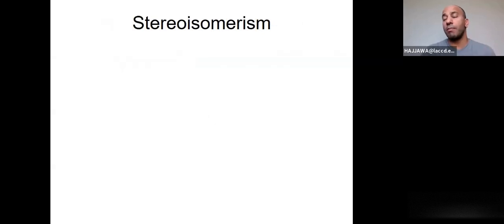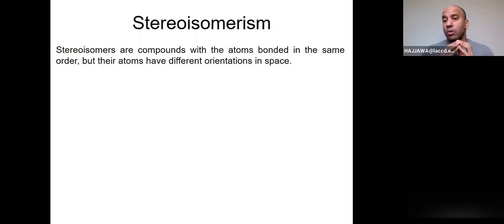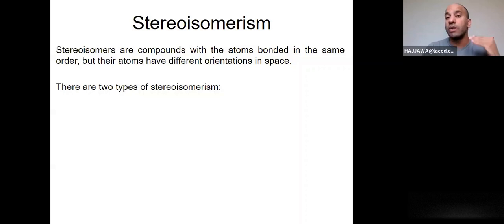The second type of isomerism, which we defined as compounds with atoms bonded in the same order, same connectivity, but their atoms have different orientation in space. And here, when we say different orientation in space, right away we have to acknowledge that there are 2 subtypes of stereoisomerism. One of those subtypes you have heard already in a previous chapter.